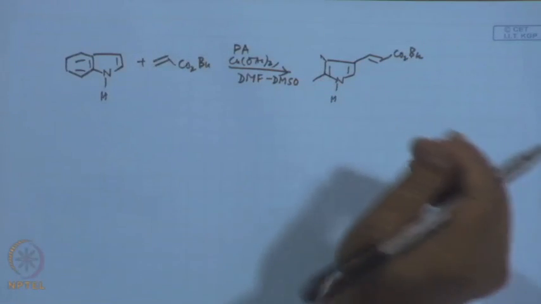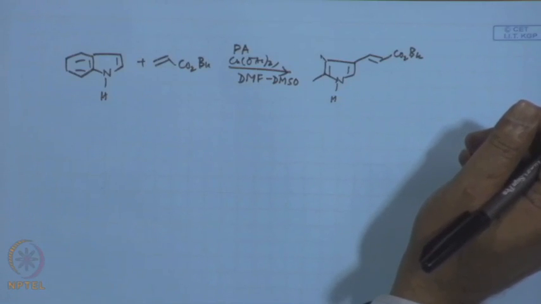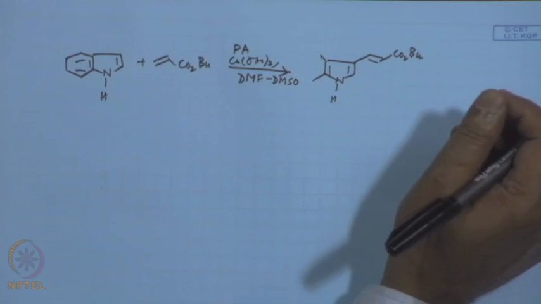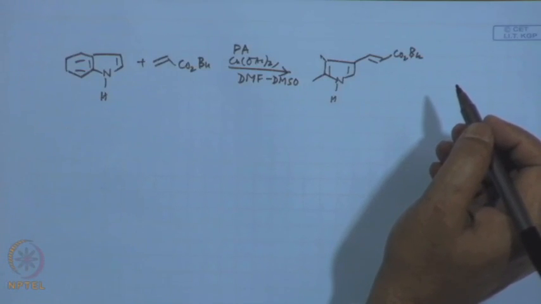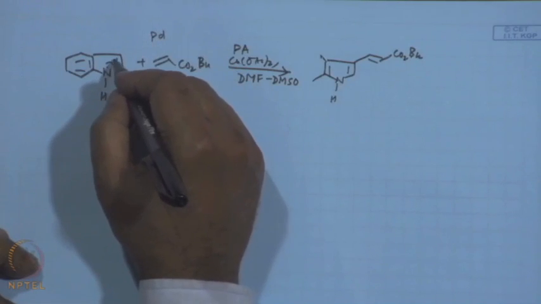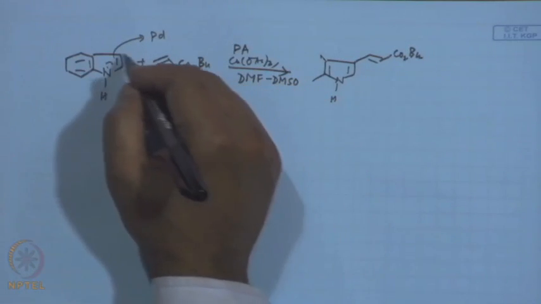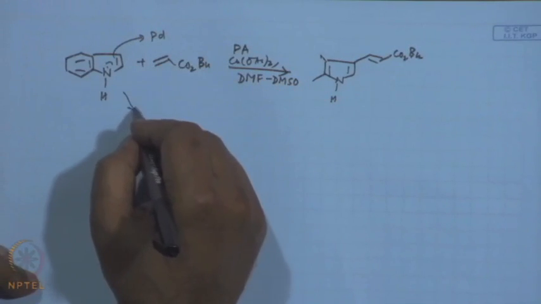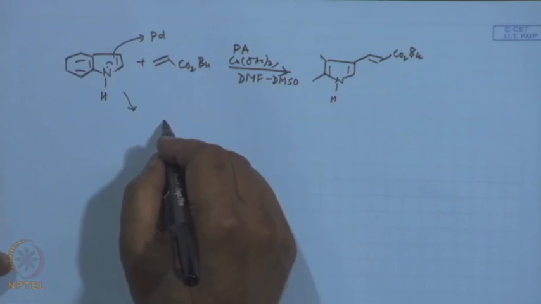I think all of us can write the mechanism, right? What is the mechanism? What should be the first step? First step should be that palladium goes here, and then aromatization takes place, just as if the indole is undergoing electrophilic substitution with palladium.